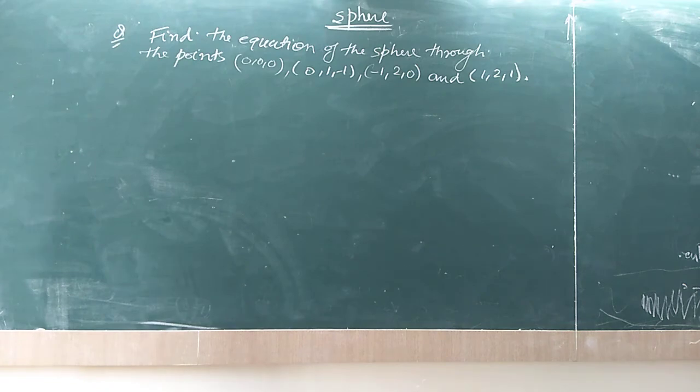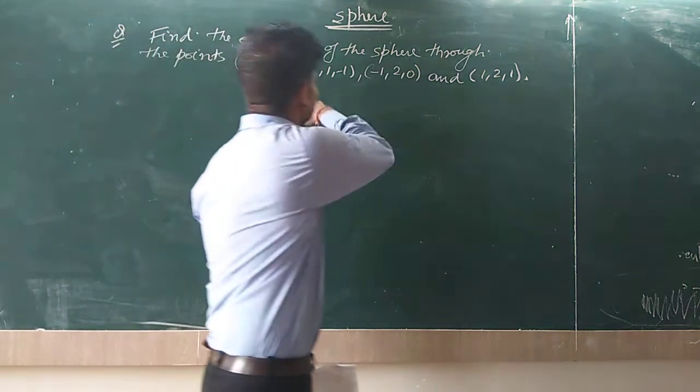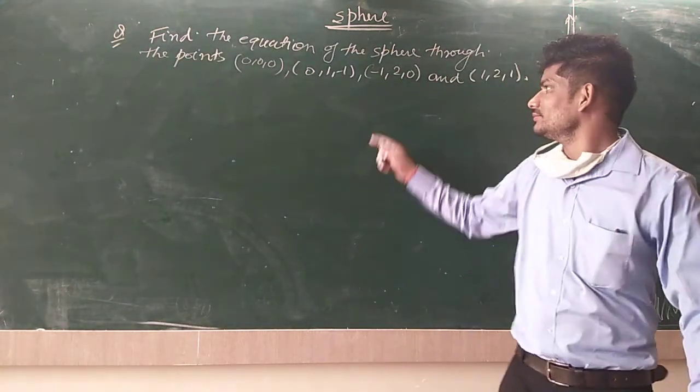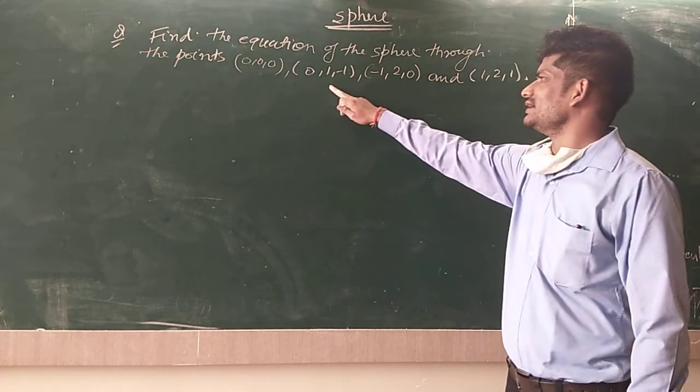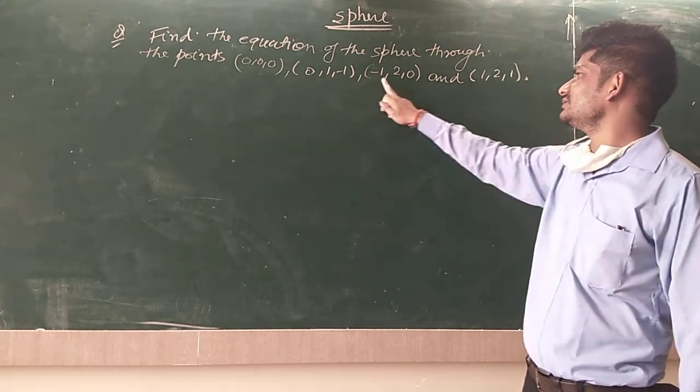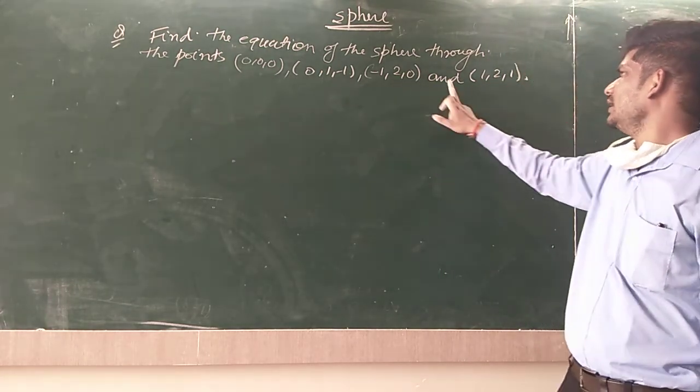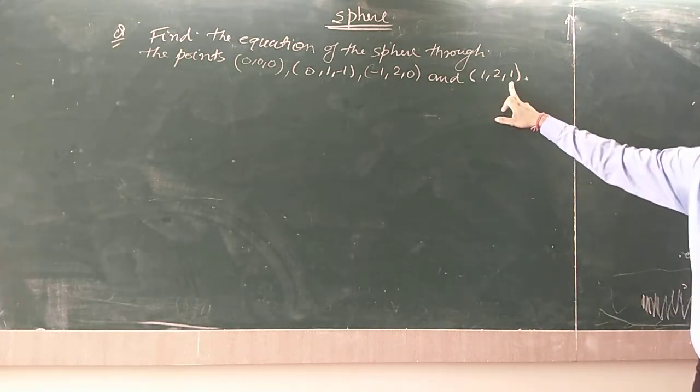Find the equation of the sphere through the 4 points shown. The first point is 0, 0, 0, the second point is 0, 1, minus 1, the third is minus 1, 2, 0, and the last is 1, 2, 1.